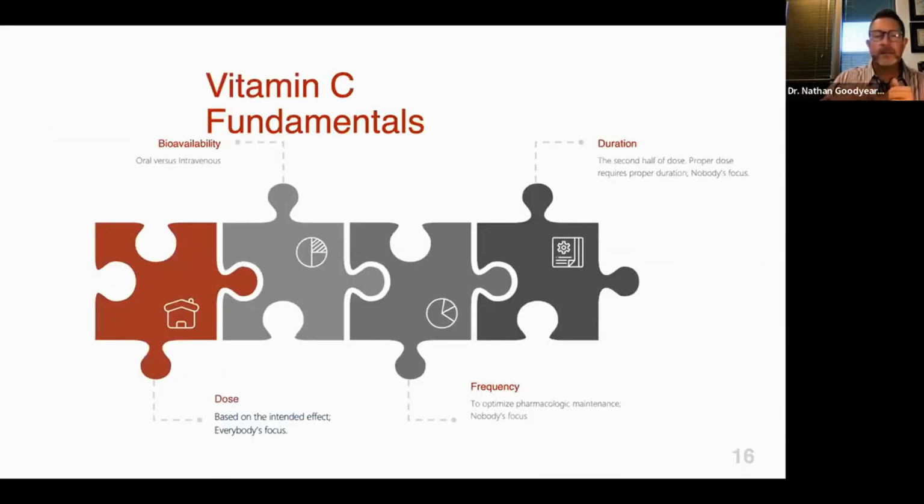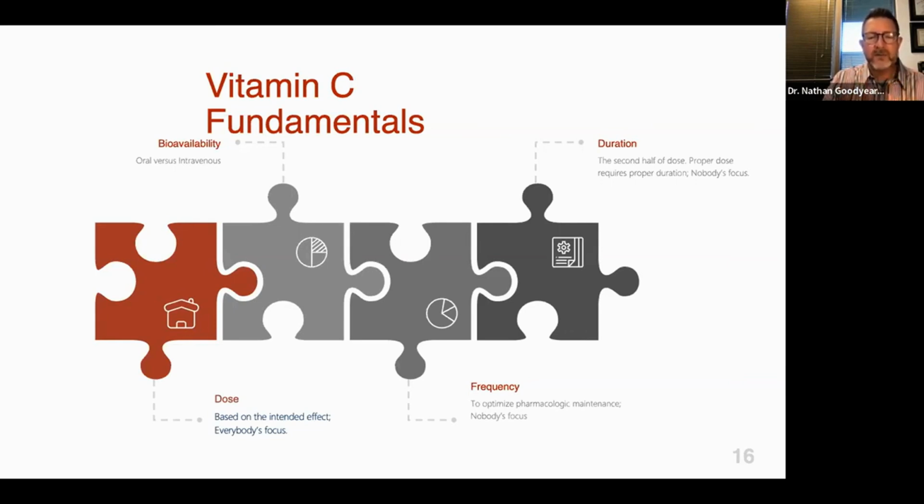So when we look at the concept of vitamin C, it really comes down to these 4 critical parameters. Bioavailability. You can't treat cancer with oral vitamin C. In fact, there's research that suggests inadequate vitamin C can actually promote cancer stem cells. Let me repeat that because it's important.